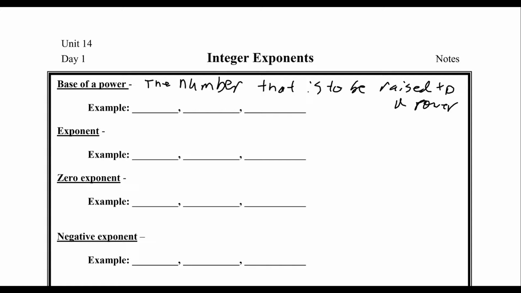Okay, now examples of this. If we have, say, 13 raised to the second power, 13 is the base. If we have, say, x to the fourth, x is the base. If we had, say, x to the negative fifth, okay, x is still going to be our base.